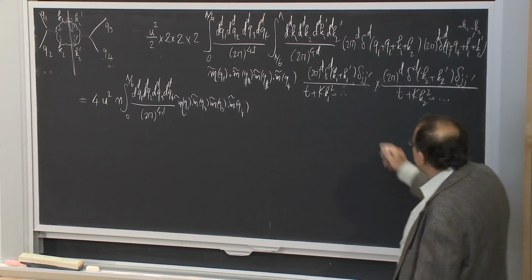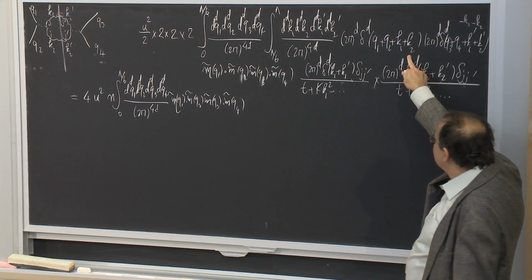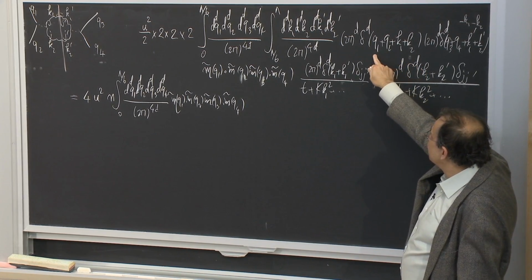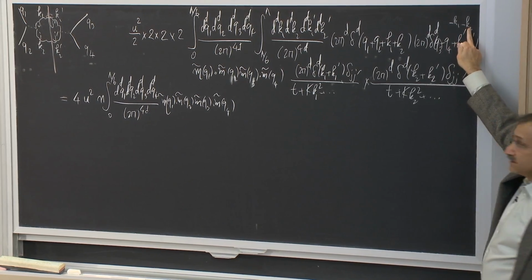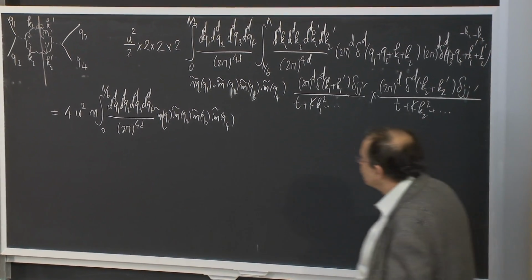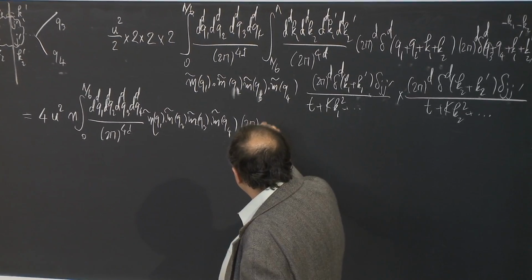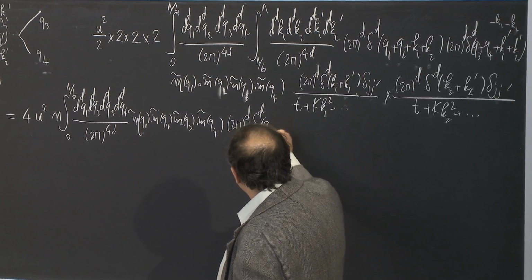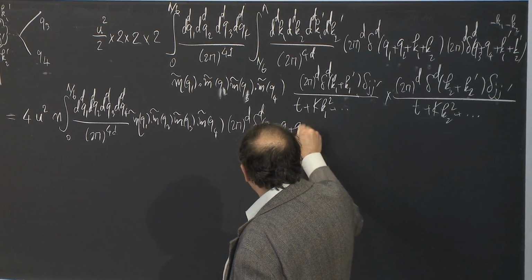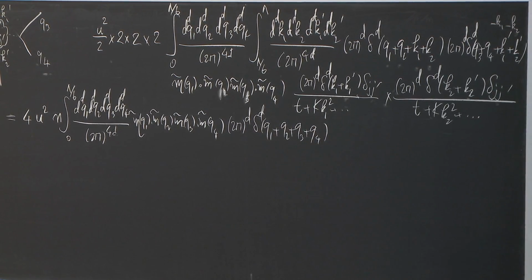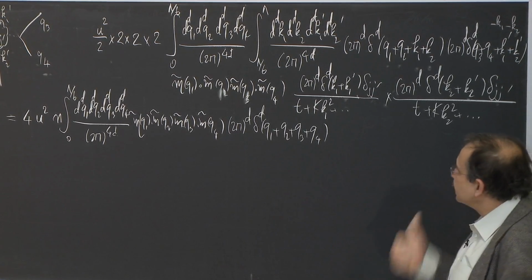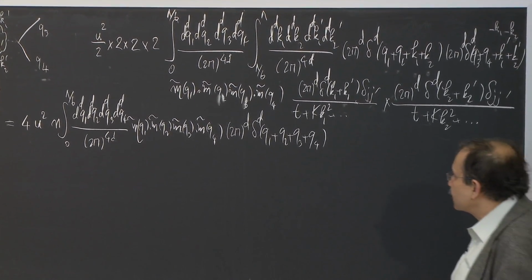If I now do the integration over k2, it is set to minus q1 minus q2 minus k1, which if I insert over here will give me a delta function that simply says that the 4 external q's have to add up to 0. Okay? So there is one integration that is left, which is over k1.